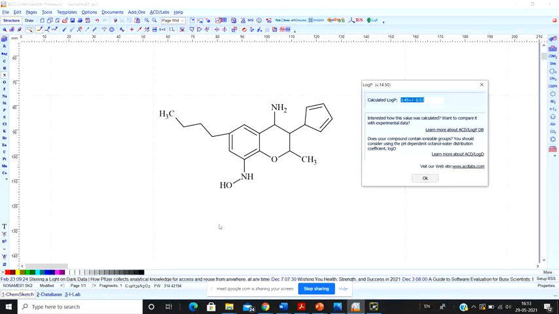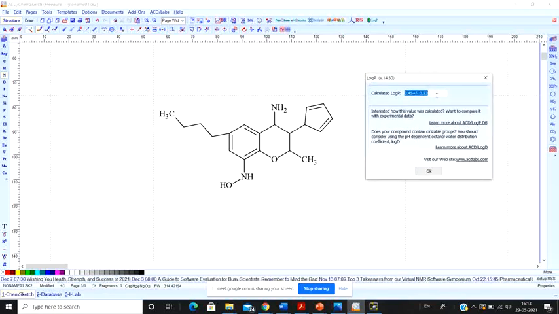Adding this group increased its water solubility. Earlier it was 4.89, right? So without staying at the outermost range, it has now come into the middle range of 3.45. That means I have increased its water solubility.